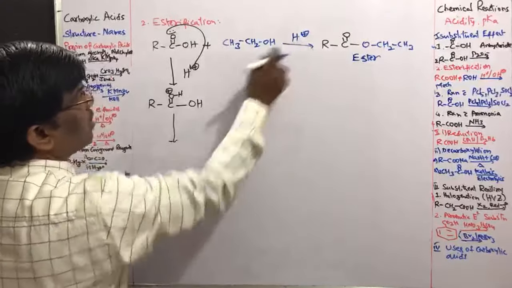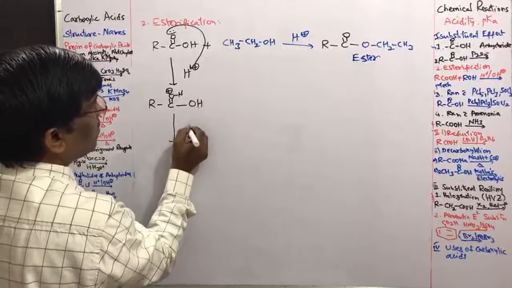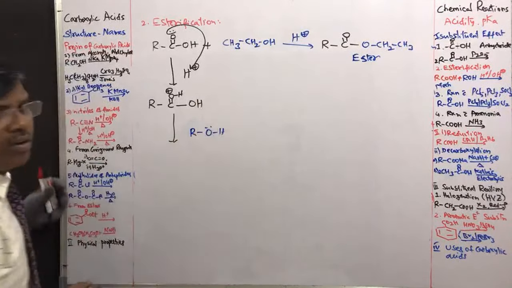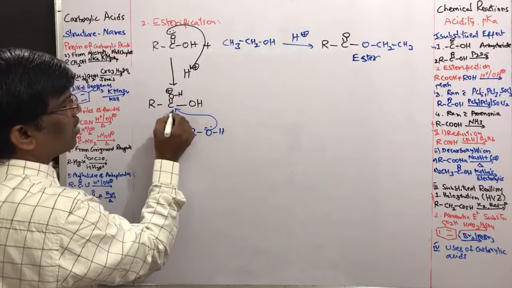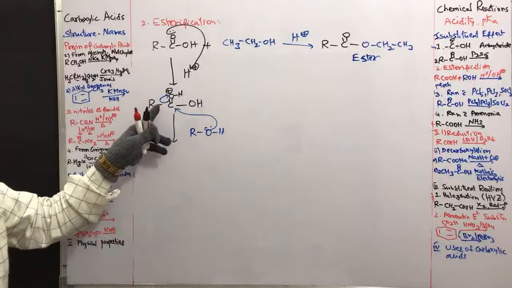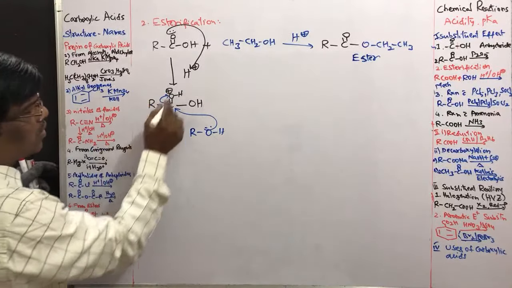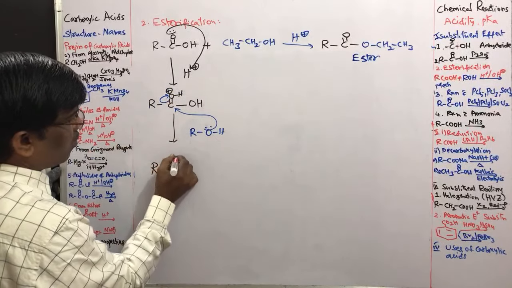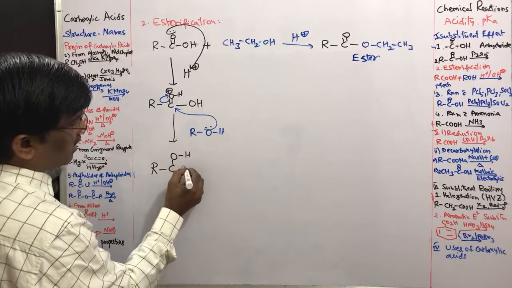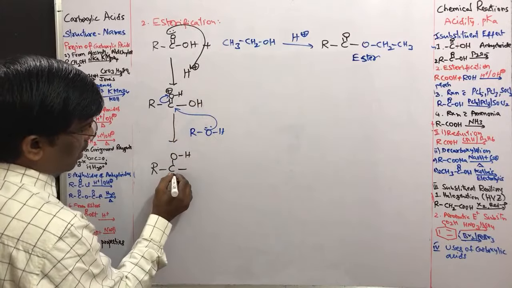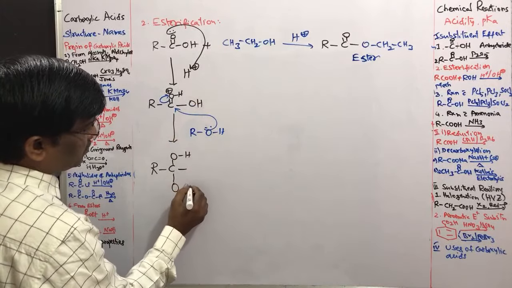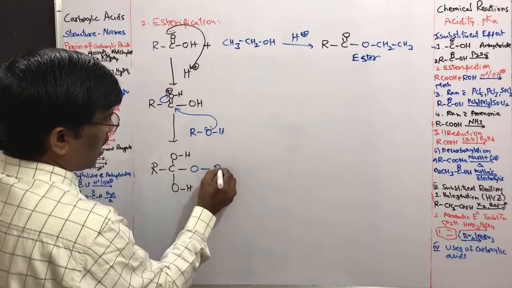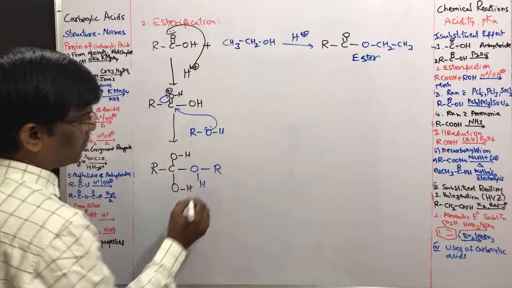Now it is going to take up alcohol. Let me write R-OH here, and this OH is going to attack the carbon of the oxonium ion to give R-C-OH, and already this OH is here. I am writing down this OH. Now O, R, and hydrogen is here.